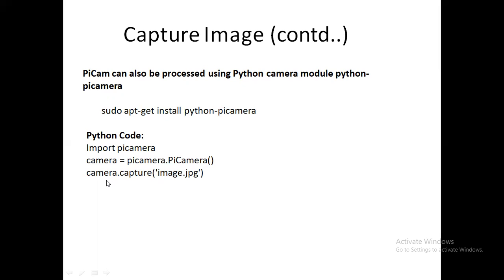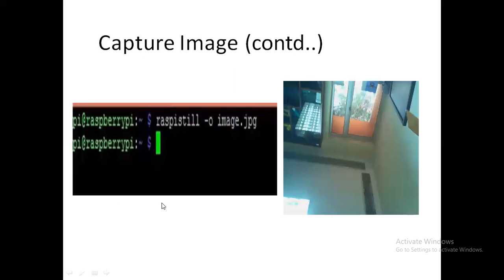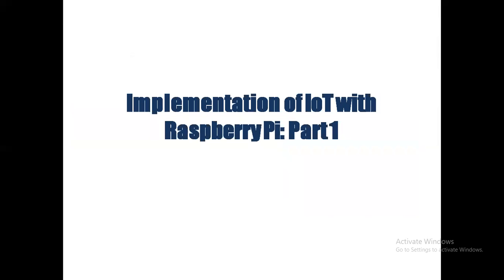That image is stored in the camera. Look at this, this is how you are going to write it. After writing this program and running it, you can see this picture as your output.